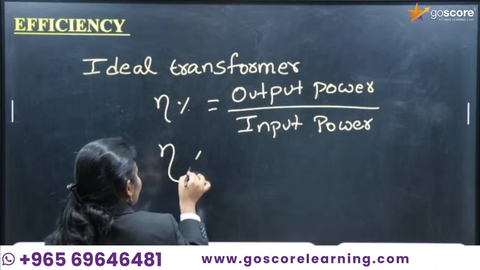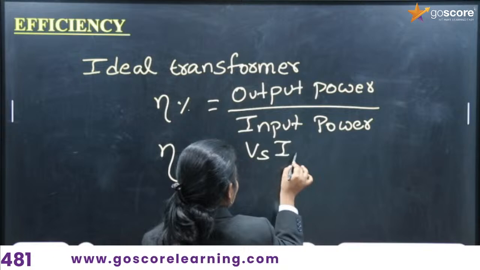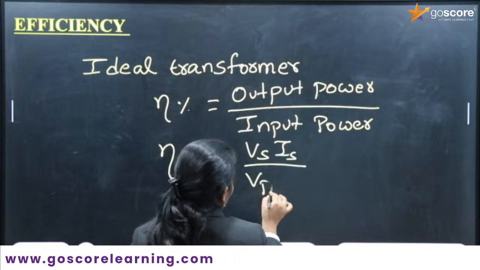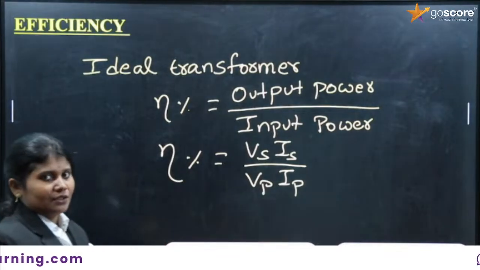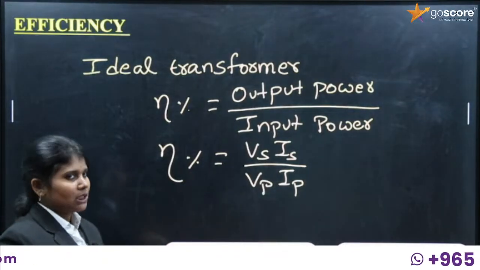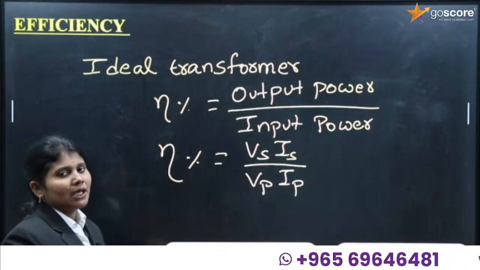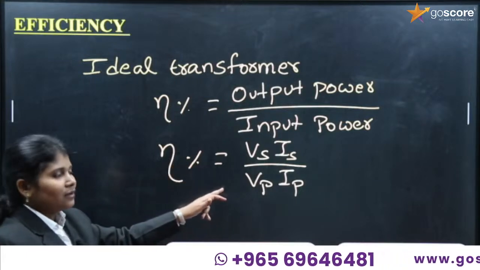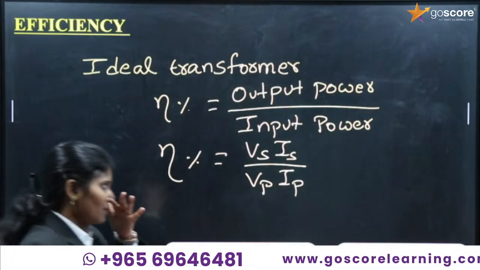For an ideal transformer, the output power is VS into IS, and the input power is VP into IP. It is in percentage. Efficiency is equal to VS into IS by VP into IP, output power by input power. This formula is applicable when it is an ideal transformer.